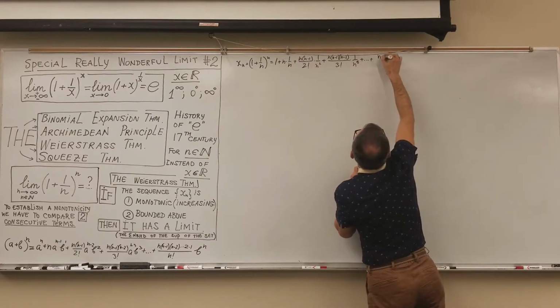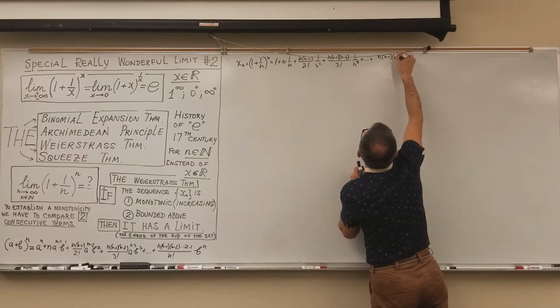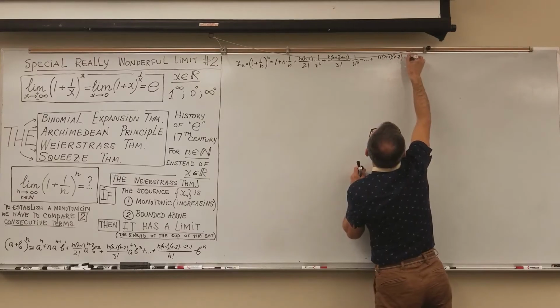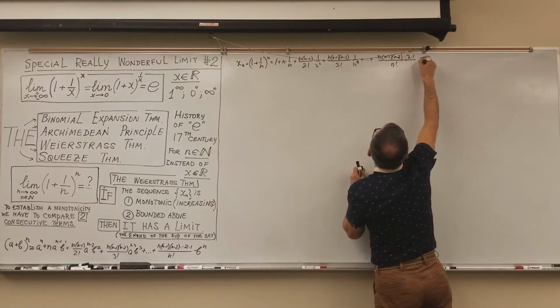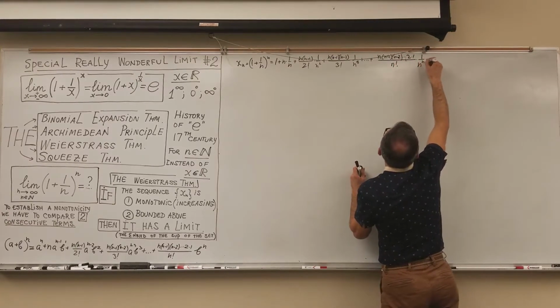And the last term will be n(n-1)(n-2) and so on down to 2 times 1, over n! times 1/n^n.